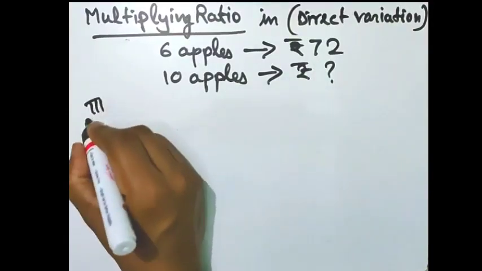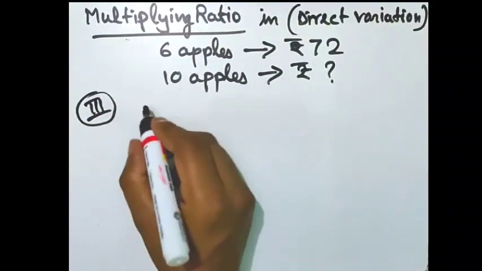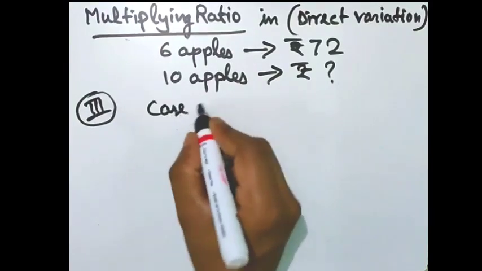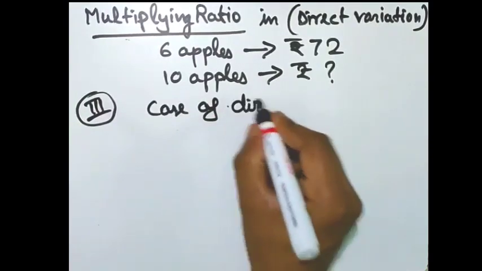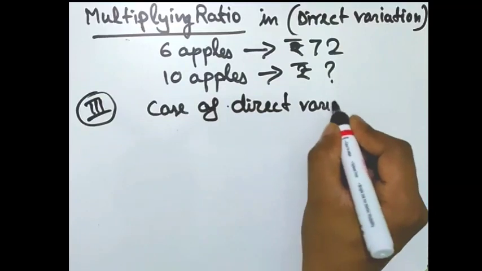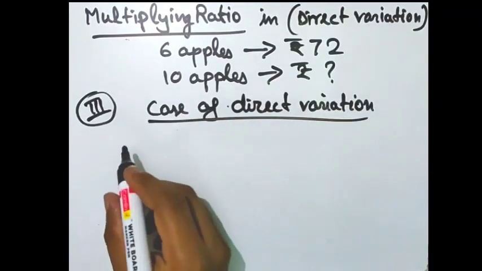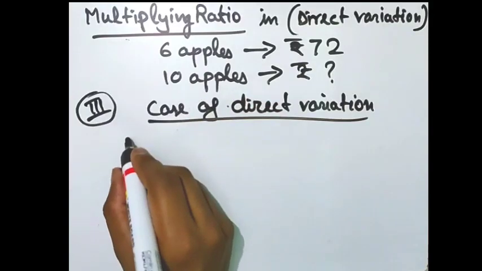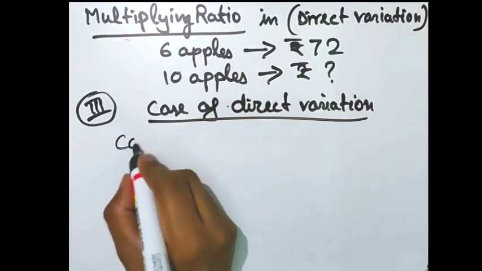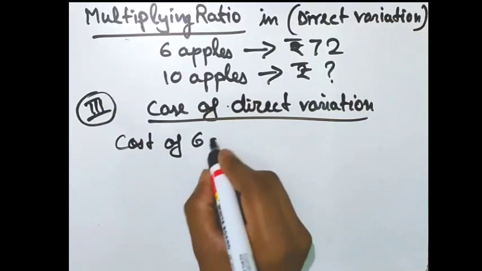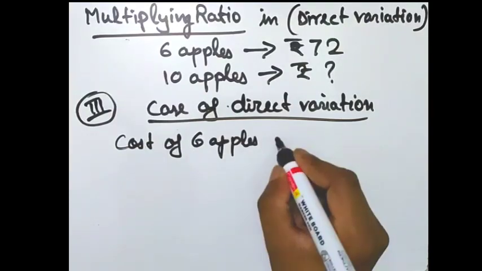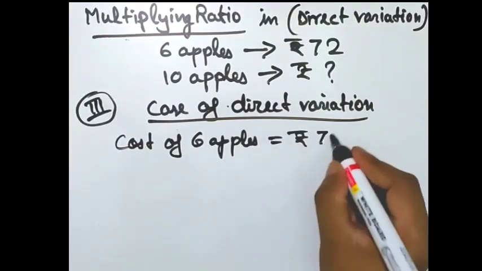So in this method again you will first write that it is a case of direct variation, and after writing that you can start the process. The cost of 6 apples is equal to rupees 72.